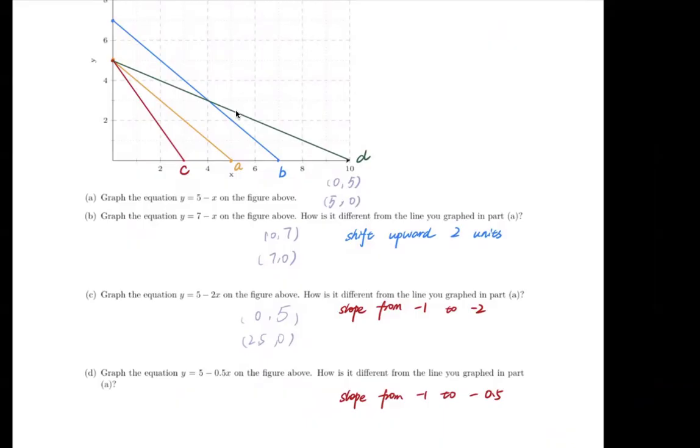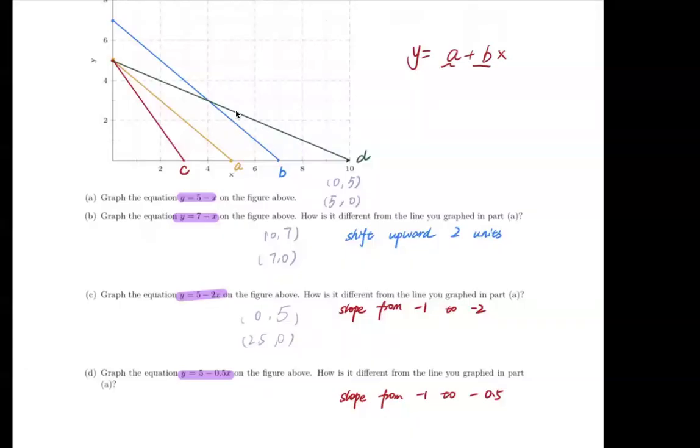This one is y equals 5 subtract x, y equals 7 subtract x, y equals 5 subtract 2x, y equals 5 subtract 0.5x. When you look at this form, y equals a plus bx, where a and b are constants, it means that there's a linear regression between x and y.